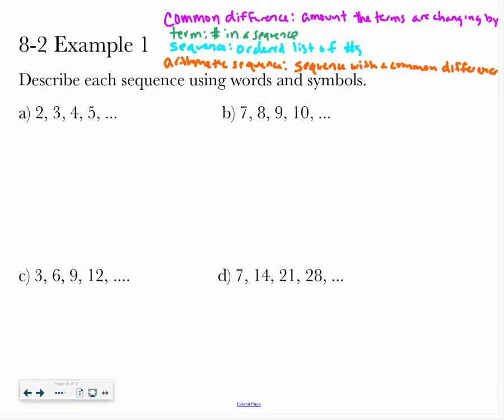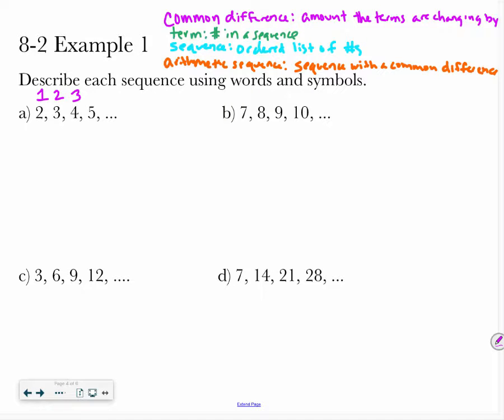Okay? So if we look at our first example, we want to describe each sequence using words and symbols. So if I look, I have 2, 3, 4, 5, and 3 dots mean it keeps going just like that. So if I want to identify my terms, my first term is 2. My second term is 3.